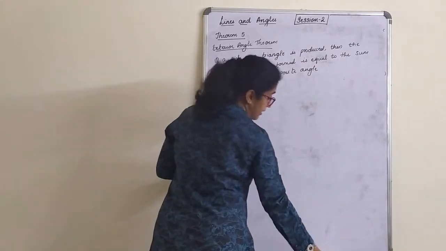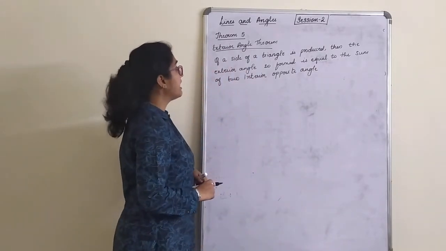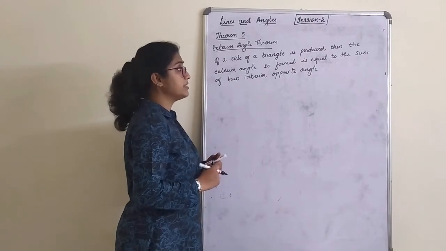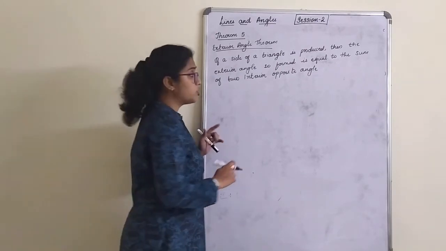If a side of a triangle is produced, then the exterior angle so formed is equal to the sum of the two interior opposite angles.